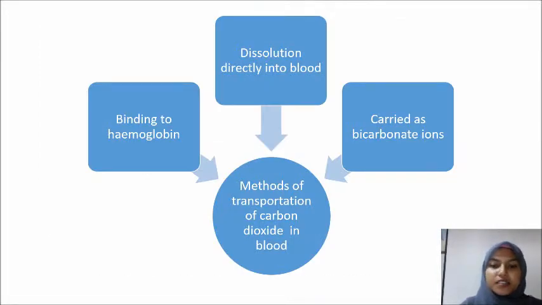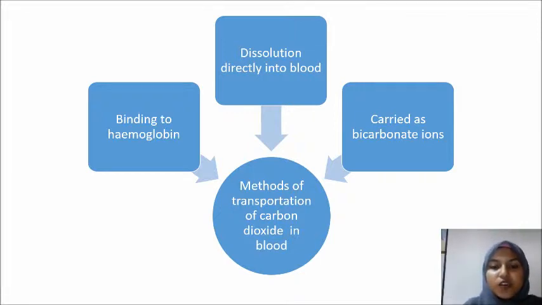There are three methods of transportation of carbon dioxide in the blood. First method is dissolution directly into blood. Only 5 to 7% of the carbon dioxide dissolves into the plasma. Second method is binding to the hemoglobin.